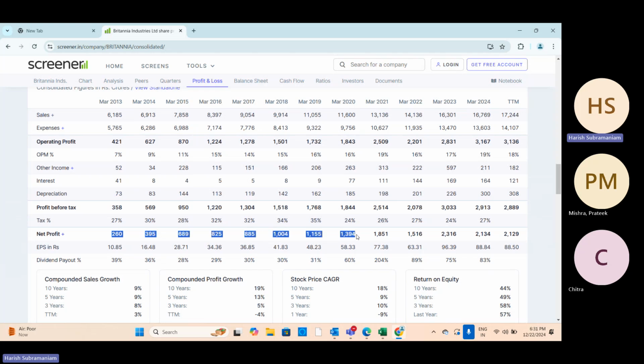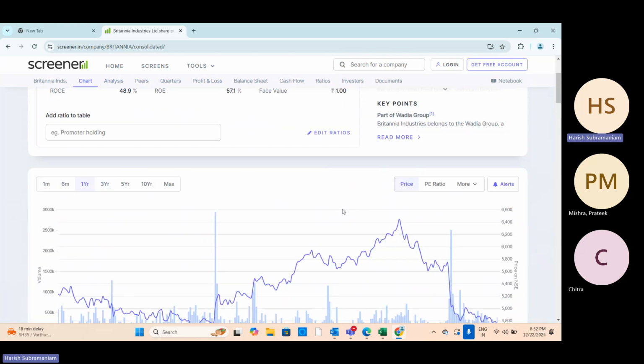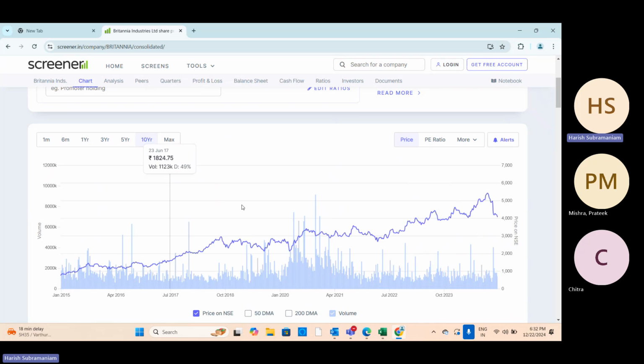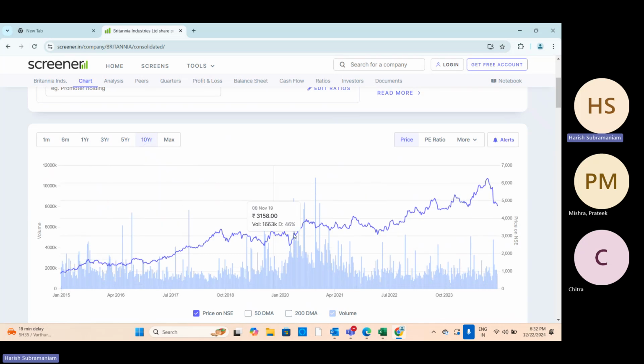And as the company gets more and more profitable, so we see from 2013 when Britannia had 260 crore of profit to say 24 when it had 2,100 crore. As the profit keeps going up over a period of time, let's see the 10-year, we'll see that the share price steadily keeps going up.